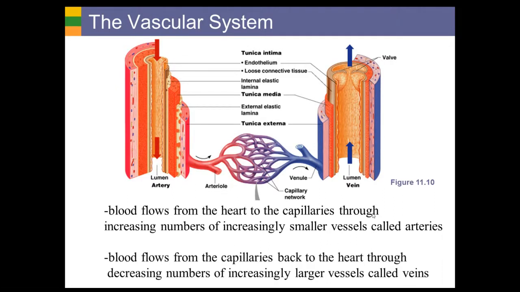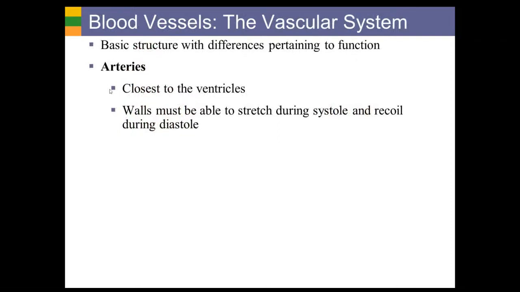Let's look at the functions of these different blood vessels, and it will help you understand the anatomy we're going to talk about in just a second. Arteries are closest to the ventricles. Arteries take blood away from the heart. So they're going to be receiving blood at the highest pressure.